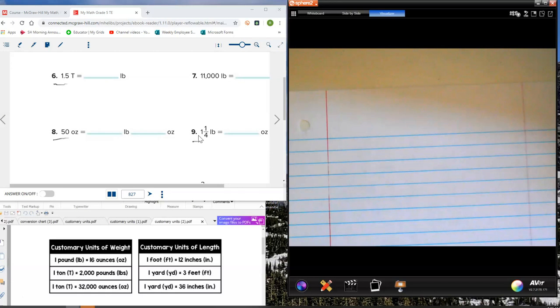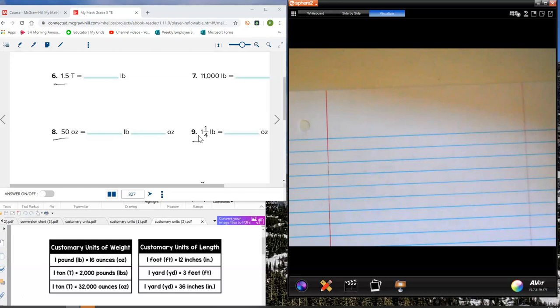So the converting here is asking you to take 1 1/4 pound and convert it into ounces. Now, before I do any converting, I first want to know what operation I need to do, whether it's going to be multiplying or dividing. So I just look at the unit of weights. I look at pounds, I look at ounces.